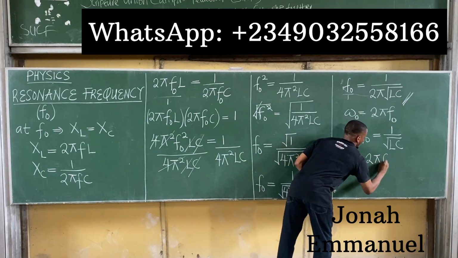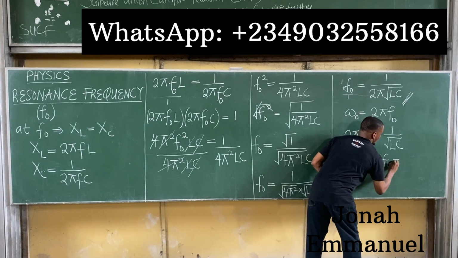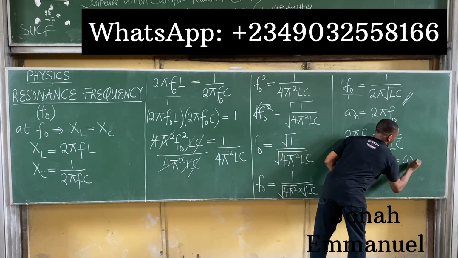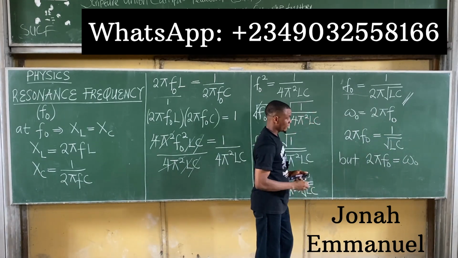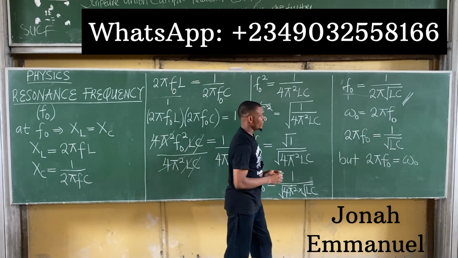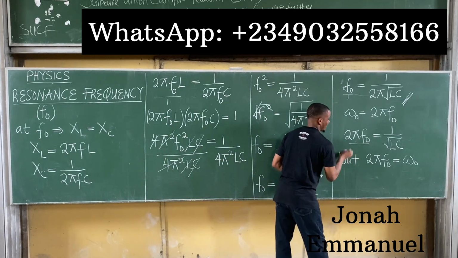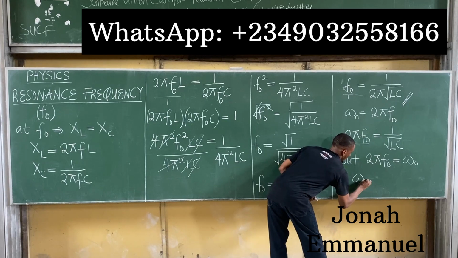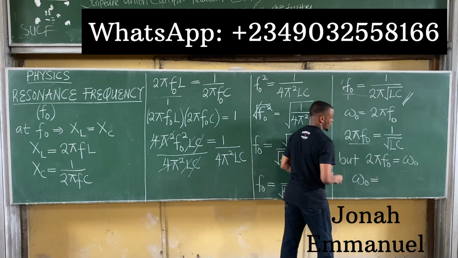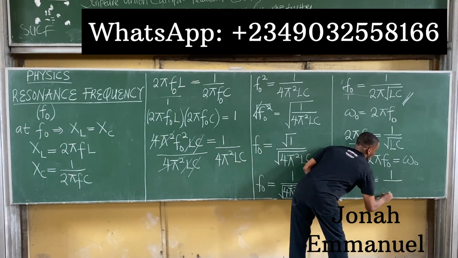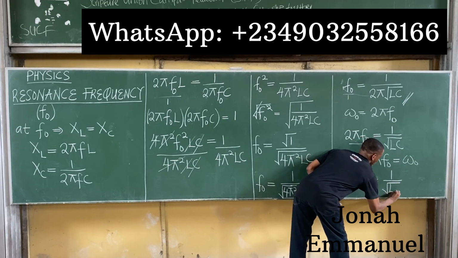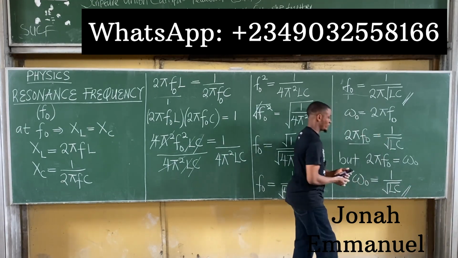But we know that 2 pi f naught is equal to angular resonance frequency, right? So it means that in this case, angular resonance frequency is equal to 1 all over root LC. So please note these two formulas.